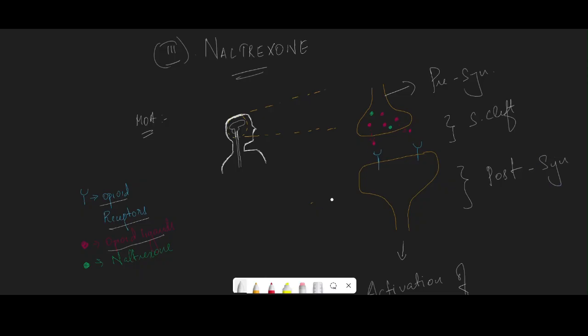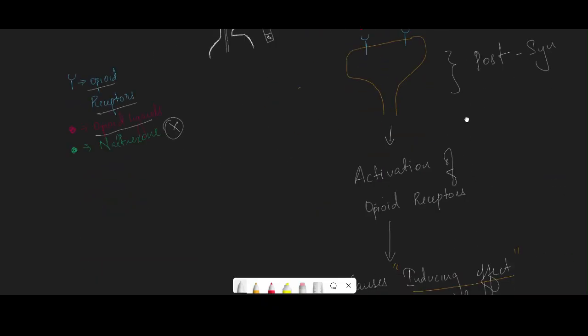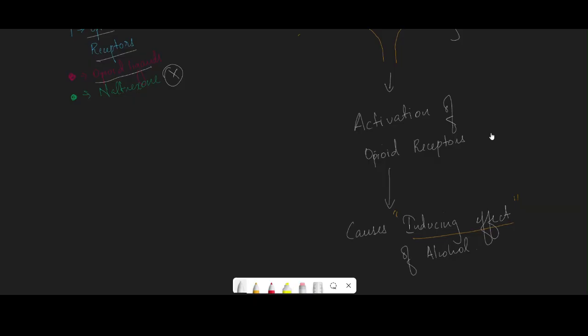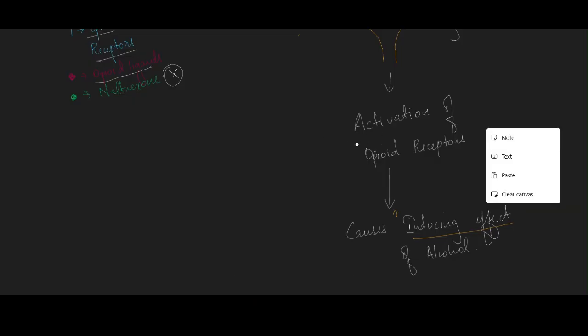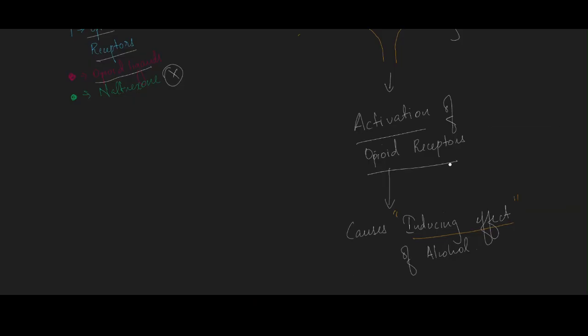Let's just say a scenario where there is no naltrexone, okay? This is a normal scenario. Let's just say I'm drinking alcohol from a cup. It goes into my mouth. So in a normal condition, when I drink alcohol, it leads to the activation of the opioid receptors by the opioid ligands.